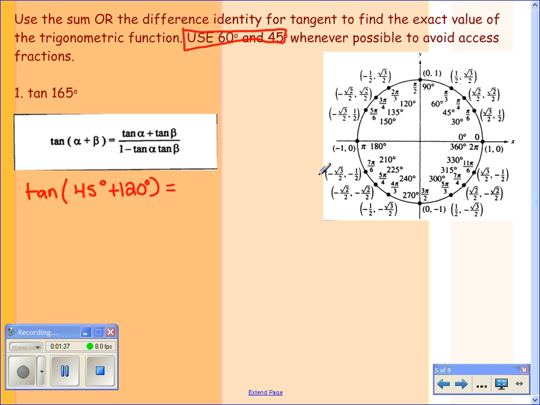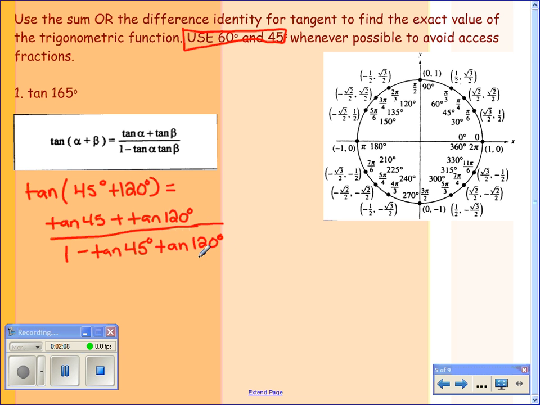All right, so on your unit circle, tangent of 45 degrees. Fill in your formula. So you have tangent 45 plus tangent of 120 divided by 1 minus tangent of 45 tangent 120.